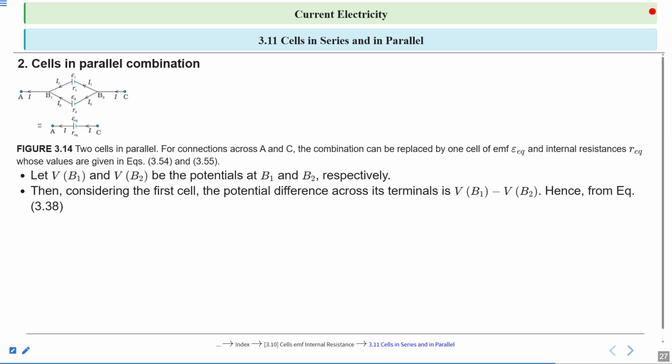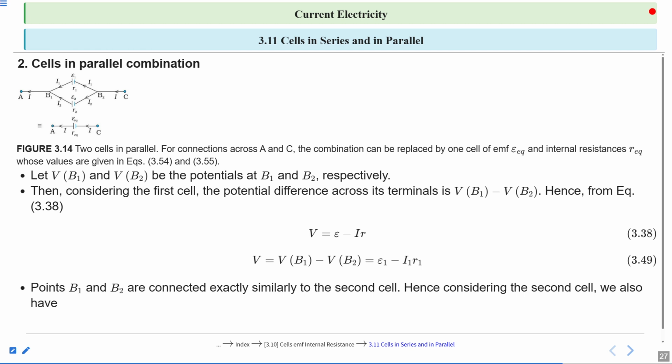Hence from equation 3.38, V equals epsilon minus IR, we can write V equal to VB1 minus VB2, which is equal to epsilon 1 minus I1 R1. Now I is not the same across the cells, so I1 R1. Mark it as equation 3.49.